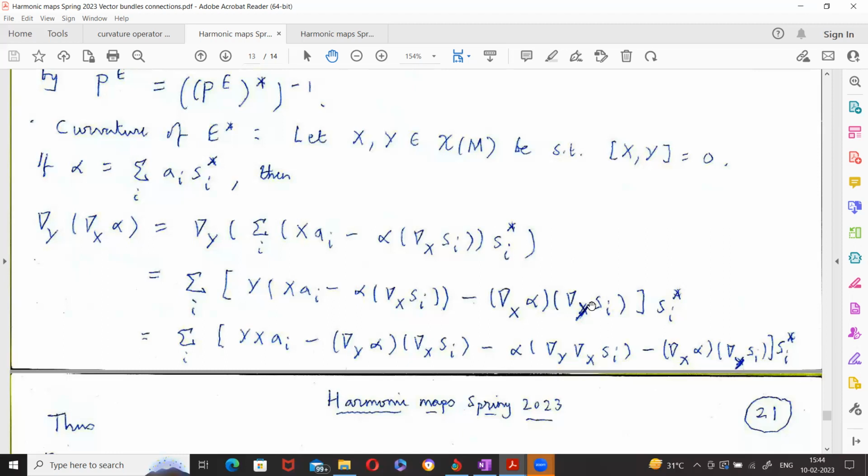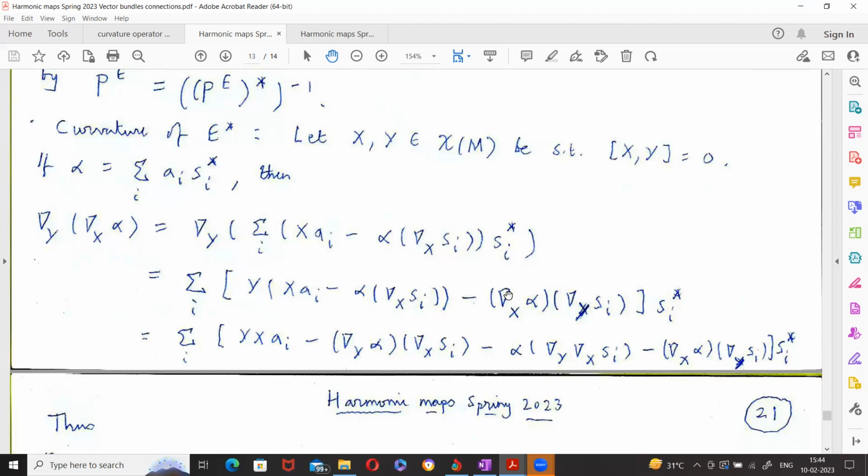Is that clear? Yes? Okay. So this is again by definition of the dual connection.